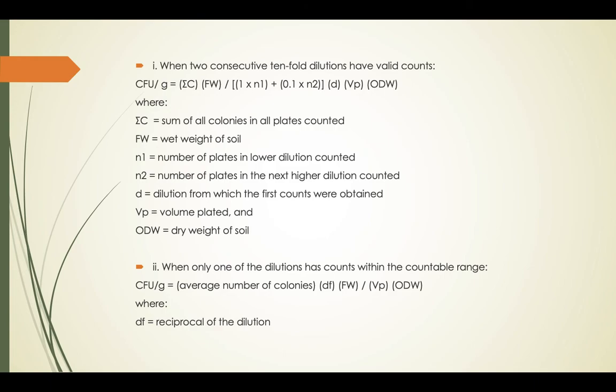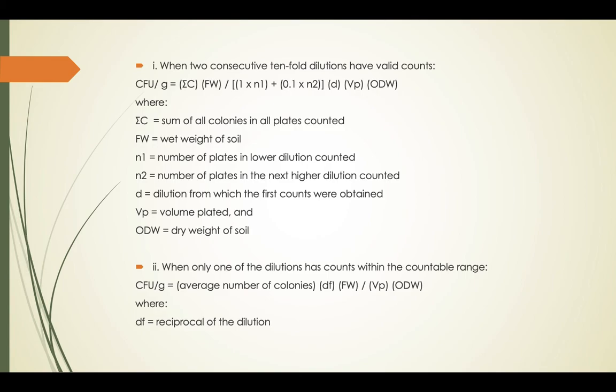Some reminders in terms of standard plate count. We have varying standard countable ranges. Some protocols will follow 30 to 300, some will have 25 to 250. For our case, I think I've mentioned that we follow 10 to 30 for the lower range, and then 250 to 300 for the upper range.